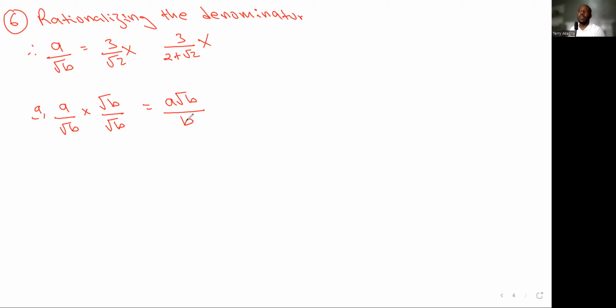Is that okay? So when you have a simple fraction like this, what you do, you multiply by the denominator, both top and bottom. Now, the second one is when you are having R over P plus Q root N, all right? So what you do with this one is that you multiply by the conjugate.